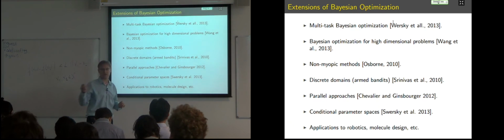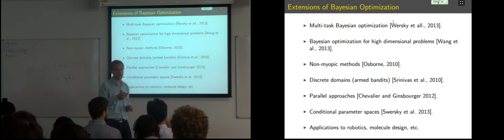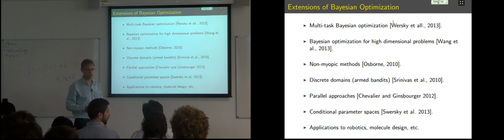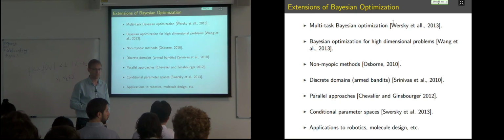I don't know if you have more questions, comments? So, as I see it, you have at least three optimization problems. You have to optimize the hyperparameters of the Gaussian process, you have the original problem, and then you have to optimize the acquisition function.